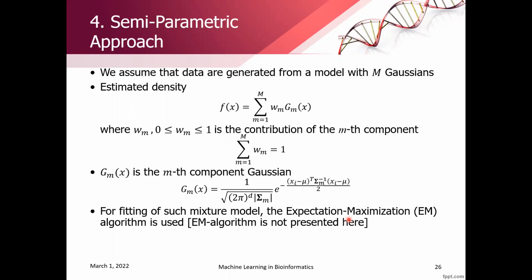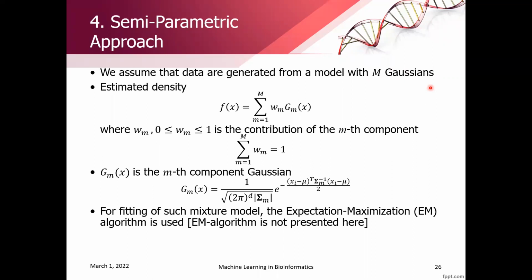So if we assume that we can model it using capital M Gaussians, then how to combine them? They will be described by means and standard deviations. And of course, these are multi-dimensional, so standard deviation is not enough. We must use covariance matrices for each of them. And we have M such Gaussians.